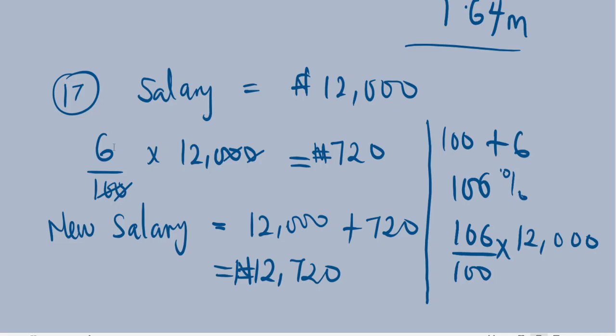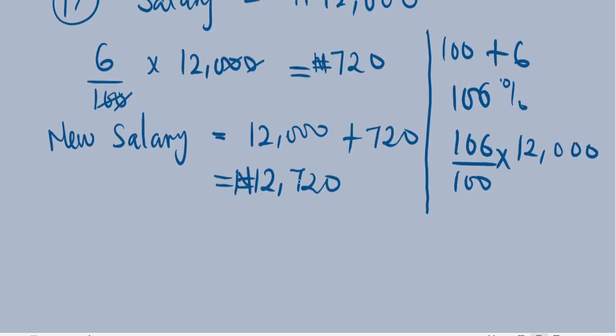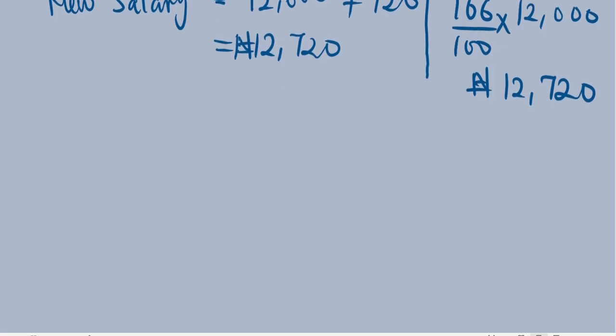It will still give you 12,720 naira. Either you find 6% of 12,000 and add it, or you find 106%, and that gives you the same answer. Now let's go to 17b.